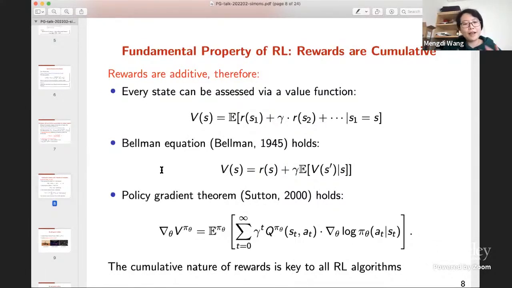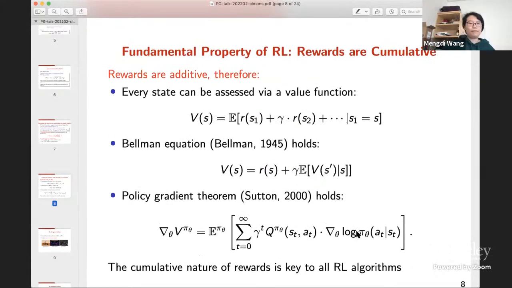Because of this definition, one can show the Bellman equation, which says that the value of the current state can be decomposed into the sum of immediate return and future value. Further, because of this additivity, one can show the classical policy gradient theorem. So we take the value function, the Bellman equation, and the policy gradient theorem all for granted.